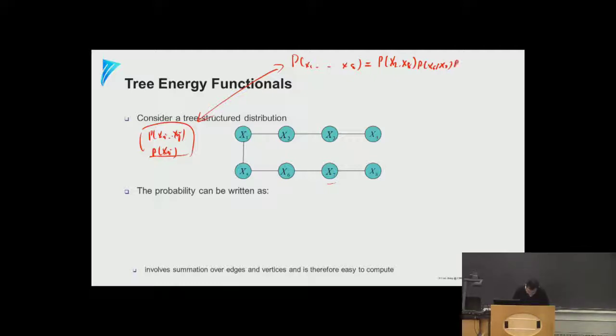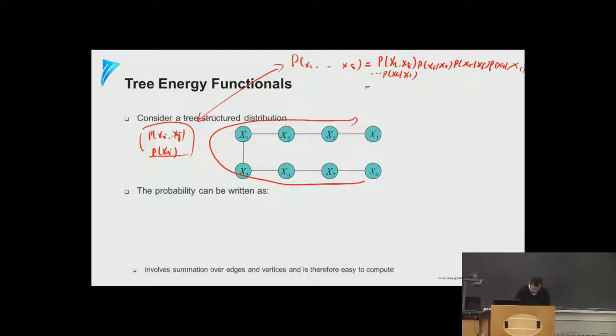And then p of x5 given x6, and p of x4 given x5, and all the way to p of x2 given x1, right? So basically I'm going through this round. So this is just a chain rule of the distribution, right?